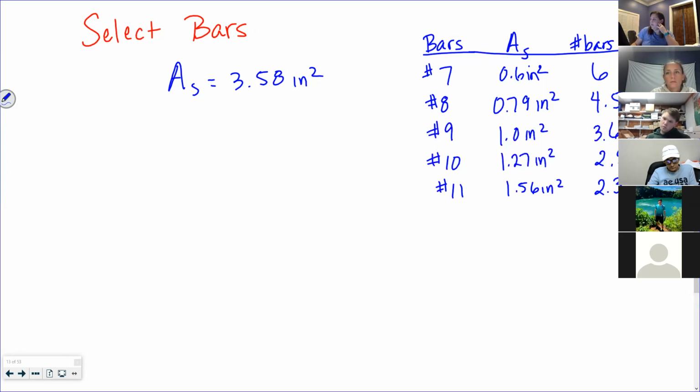So I would probably choose 3 number 10s because it's the closest to a whole number. You could choose like 4 number 9s. You have to think about fit too. 6 number 7s, I don't know if they would fit in a single layer. You might have to go to double layers.